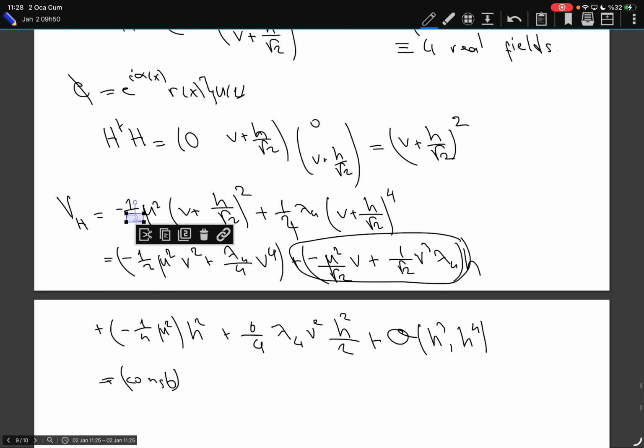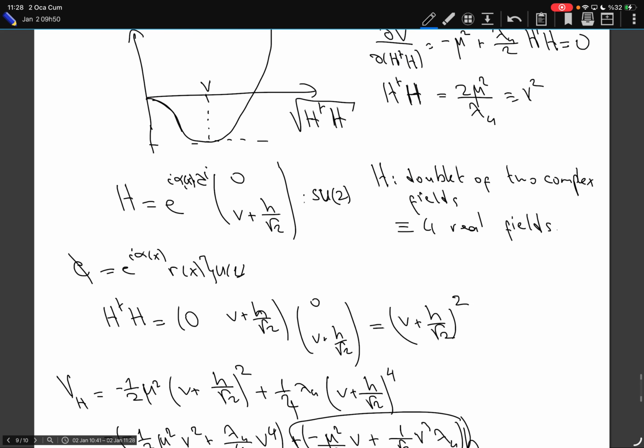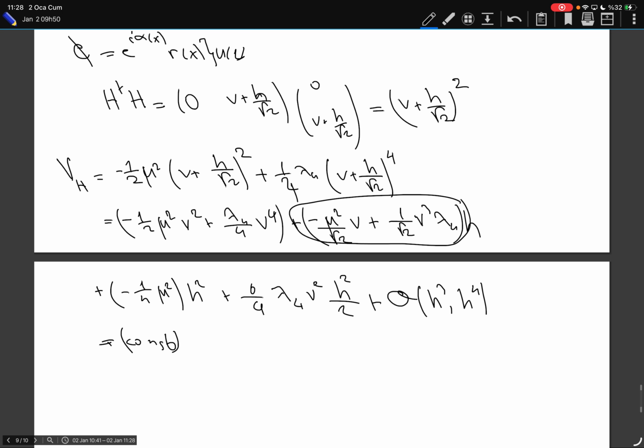I have minus mu squared over square root of 2 times V. And then from here, I will have 4 V cubed. 4 will cancel this 4 here. And H over square root of 2, that is 1 over square root of 2 over here.